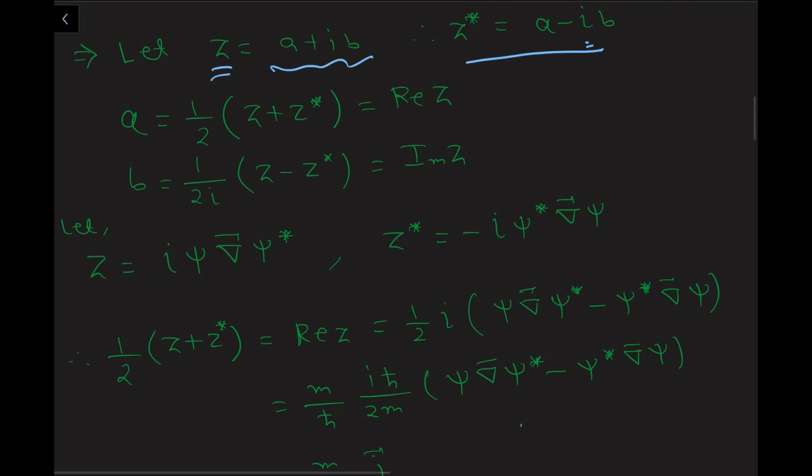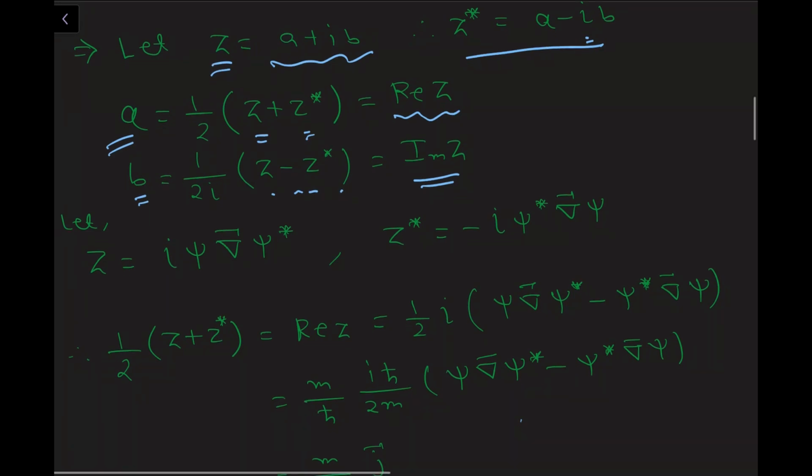Now the real part a can be given as half of z plus z star, and similarly the imaginary part b can be given by 1 by 2i, z minus z star. This is the basics of complex numbers which we need to know to prove this equation.